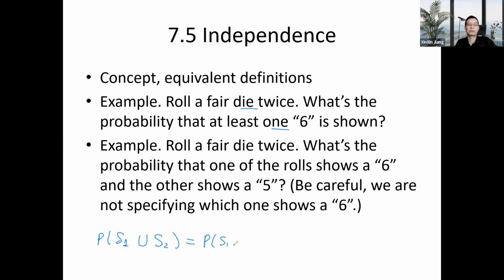So you use the addition rule: 1 out of 6, 1 out of 6 minus the probability of the intersection. They're independent. I did say usually when you roll a die twice, you assume independence. If it's not specified, it's always independent. So you have 1 over 6 times 1 over 6.